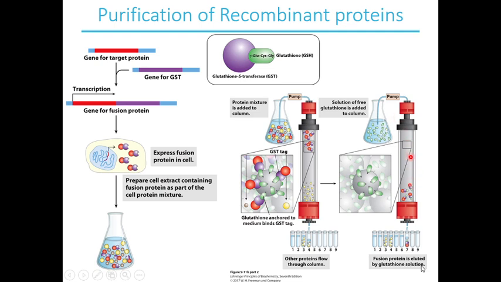If you add free glutathione, it replaces the bound protein, and whatever protein is bound to the matrix elutes. The fusion proteins can be eluted using this procedure. This is a classic example of how recombinant proteins are purified using specific tags.